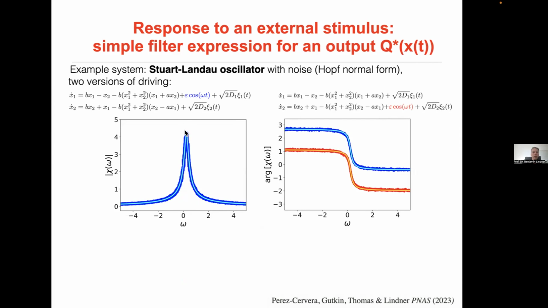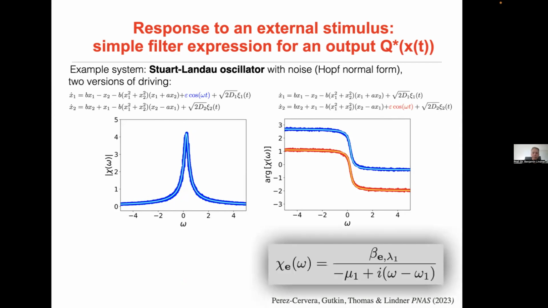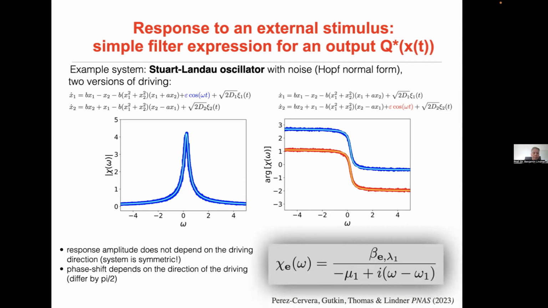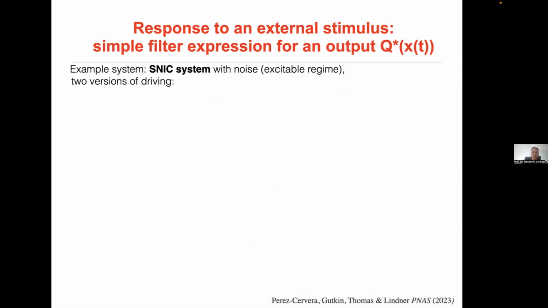You see only one curve, and the reason is that the red and the blue are on top of each other, so you don't see really a difference. And they agree both with the theory. You have here only a phase shift due to the fact that you applied it in a different component.